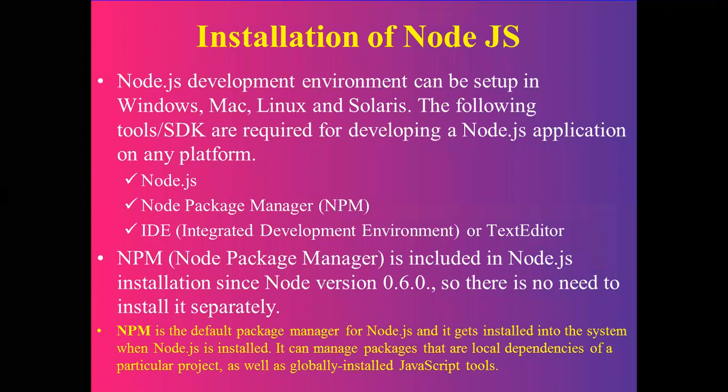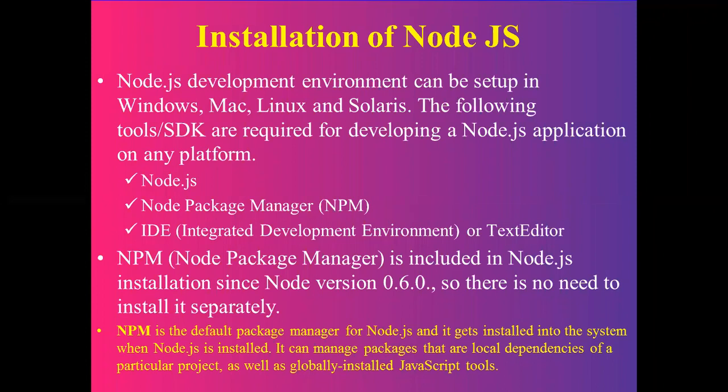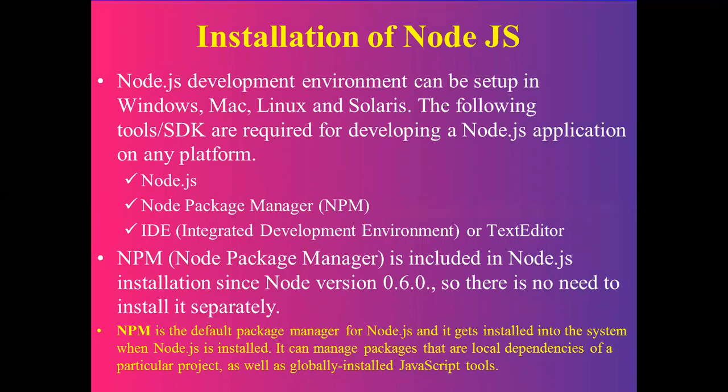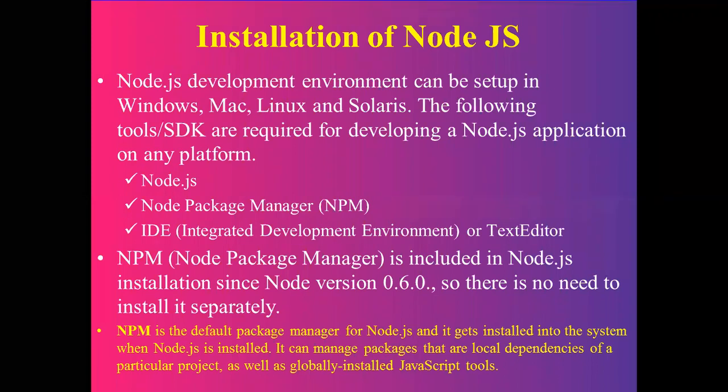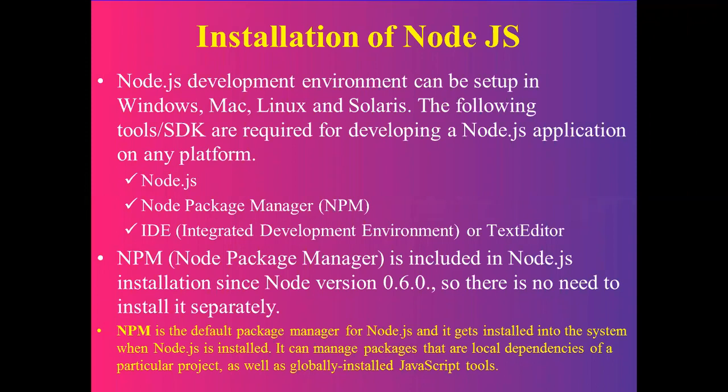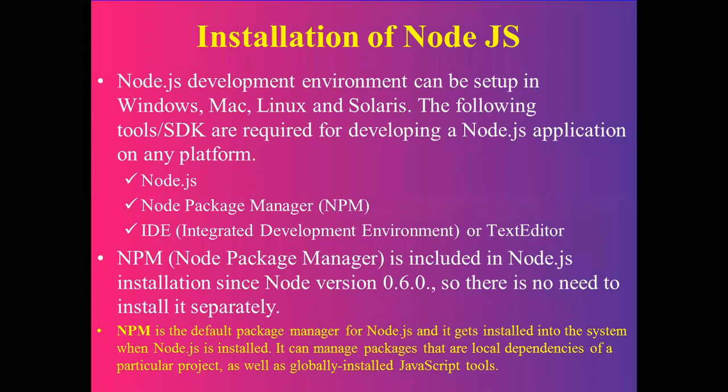We need some tools and an SDK to develop Node.js applications on any platform. Like we need Node.js, we need npm, that is Node Package Manager, and we need an IDE, an integrated development environment, or any text editor to write the code.